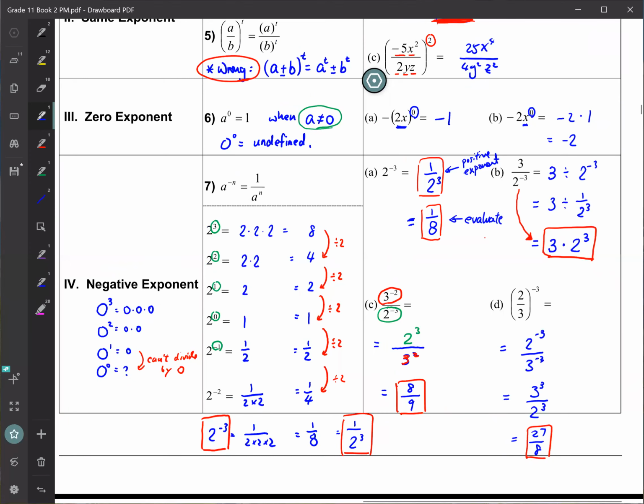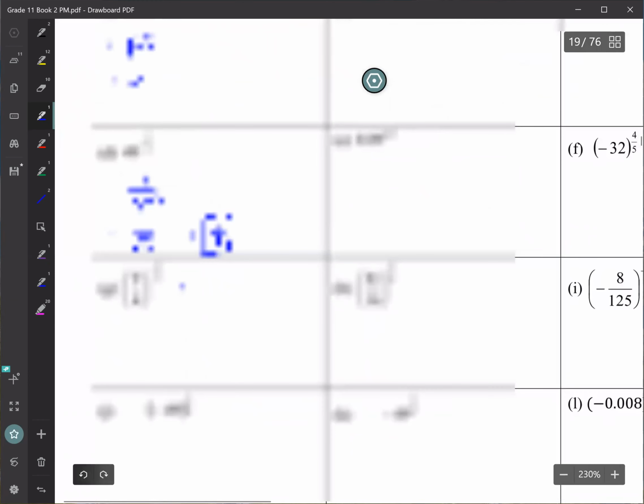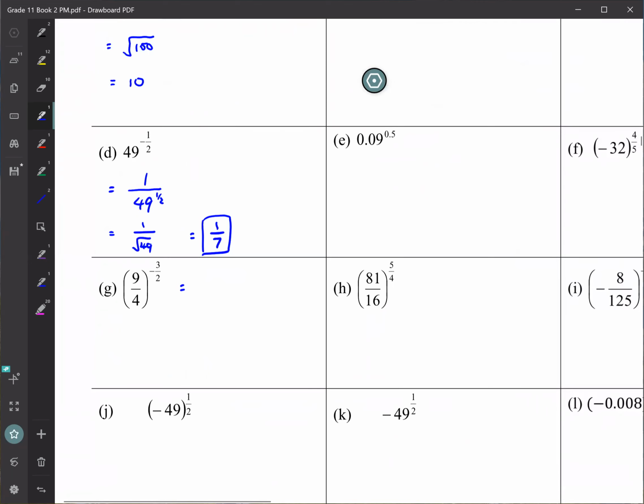D. Okay, so how do we do the flipping for D? You flip the numbers in the bracket. So don't flip the outside, don't flip the exponents. So how do I do this here then? This would be 4 to the 3/2 over 9 to the 3/2. Very good. Continue.